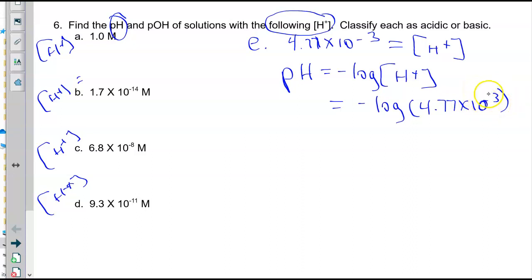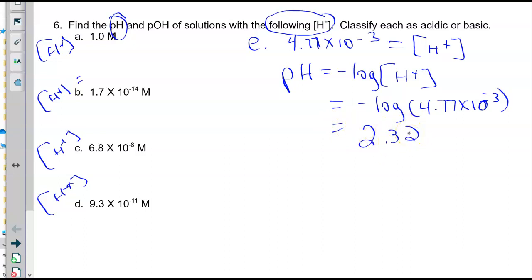Then we grab our calculators and enter 4.77, then the EXP button, the EE button, or the times 10 to the N button, 3 negative. And I get a pH of 2.32.